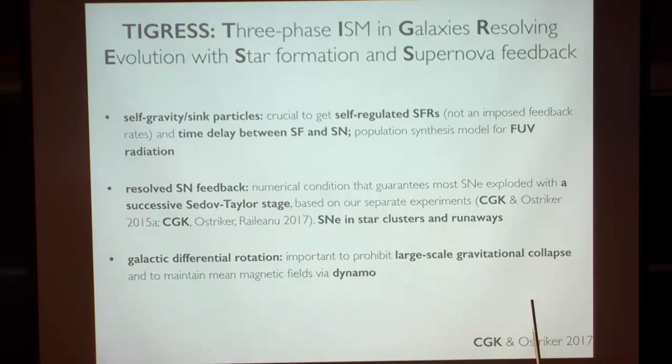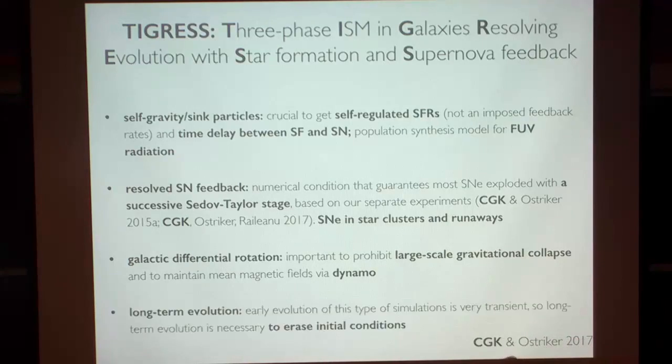They cannot disrupt them with their treatment of the feedback, and it's mainly because they cannot prohibit this large-scale gravitational instability. And I don't really want to talk about the dynamo details here.